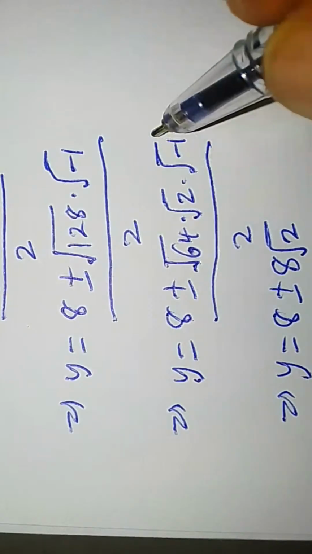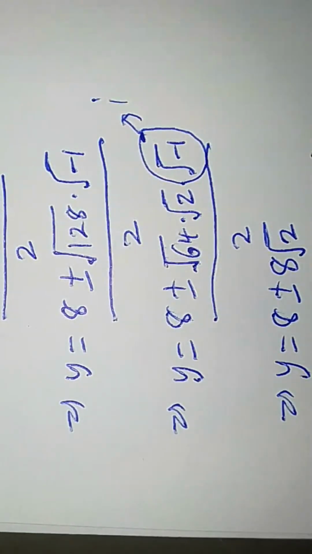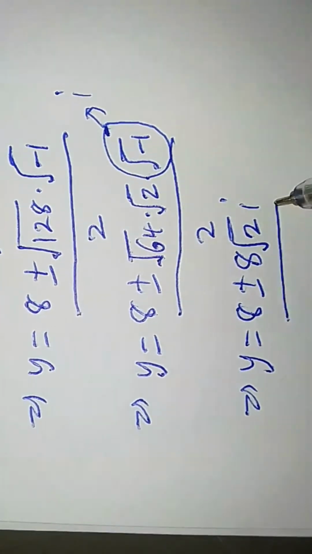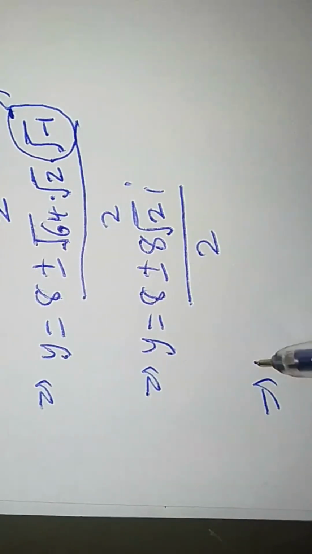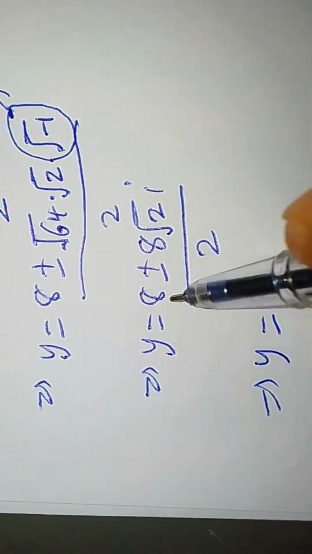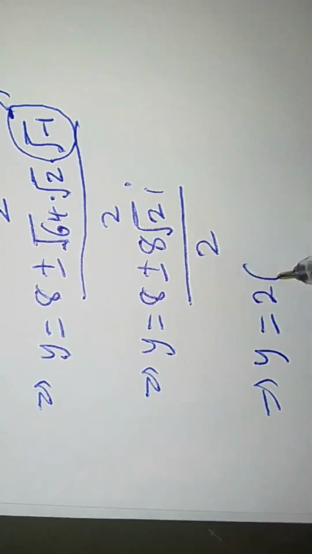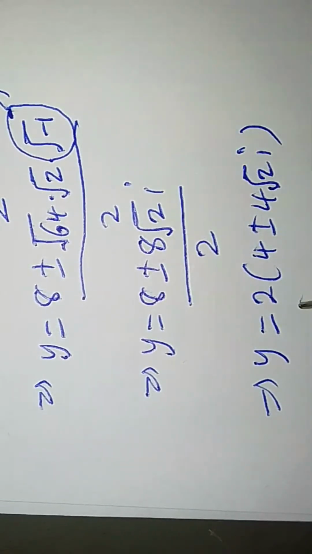And this particular one, square root of negative 1, is i from the complex number. So we have i here divided by 2. This implies that y is equal to, we can factor out 2 from these two terms. So we have 2 into 4 plus or minus 4 root 2 i, divided by 2.